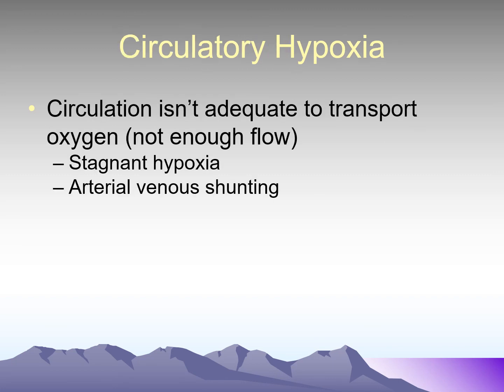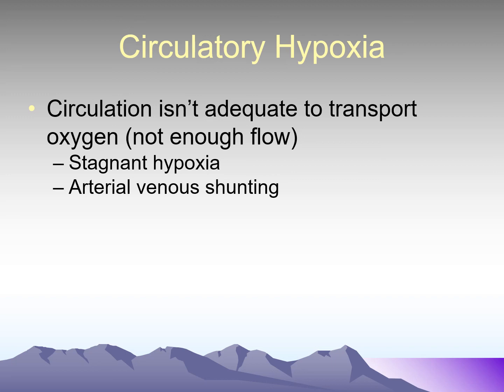Circulatory, so now we need to look at why are we not getting the oxygen out there. So the circulation isn't adequate to transport. We do not have enough flow. So blood flow to the tissues is inadequate. Could be caused from stagnant hypoxia.